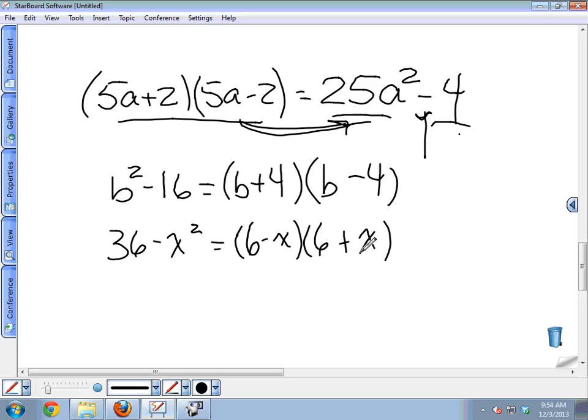A minus and a plus, or a plus and a minus. As long as they're different, and you've got the same exact thing in both of them. Now, even though 6 plus x is the same as x plus 6, don't make the mistake of not putting them in the same order, so that you see them, okay?